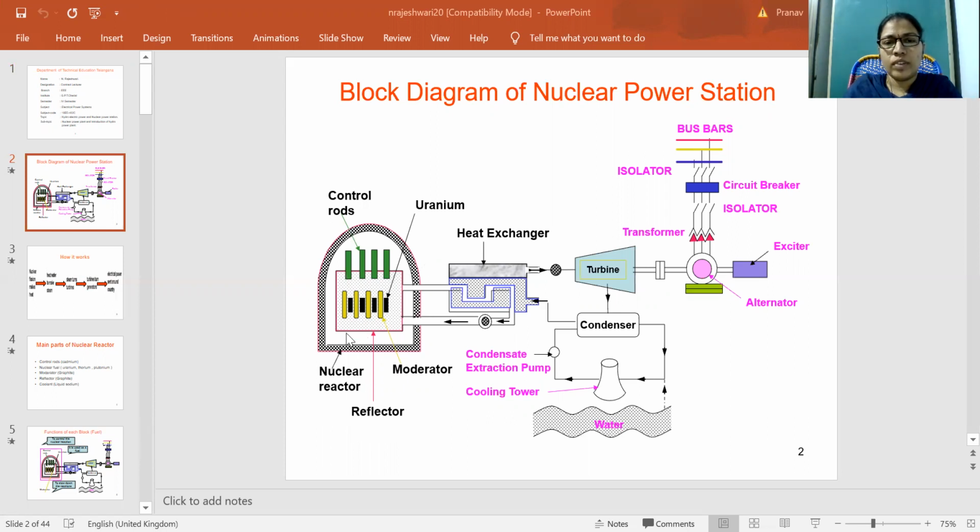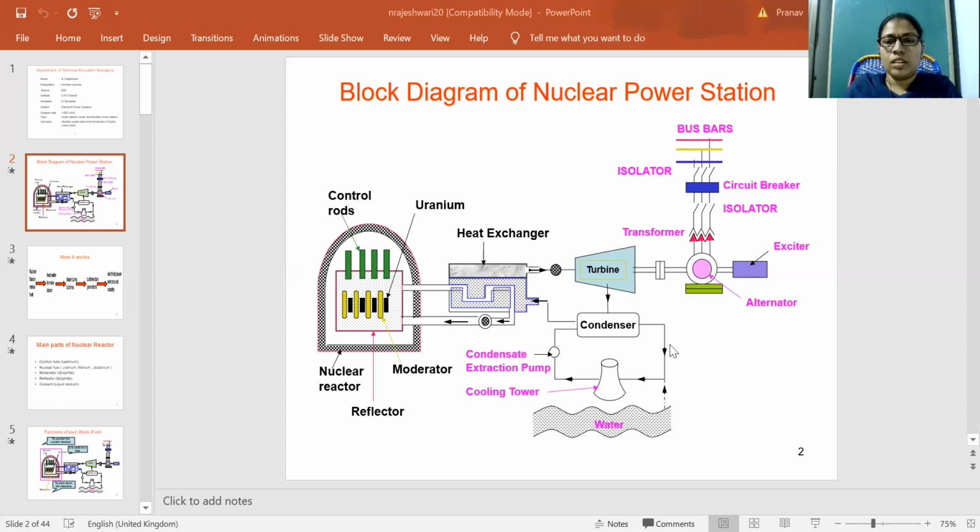Here is the heat exchanger, and this is connected to the turbine, and from this turbine to the condenser, and these are the cooling towers, and this is connected to the heat exchanger. This turbine is coupled with the alternator, and this alternator is connected with the transformer and isolator, circuit breaker connections with bus bars. This is the exciter, and this is the alternator.